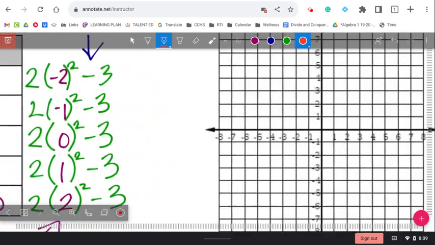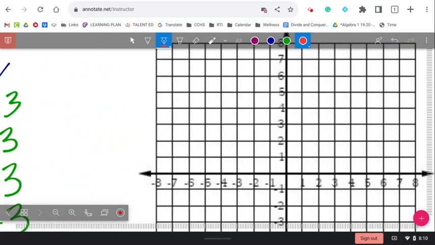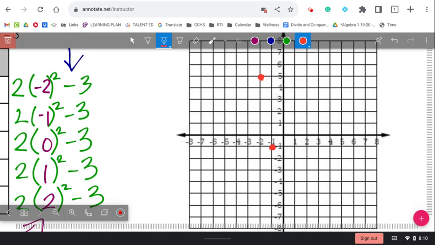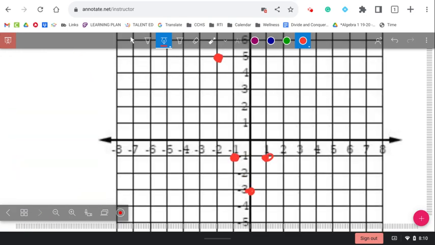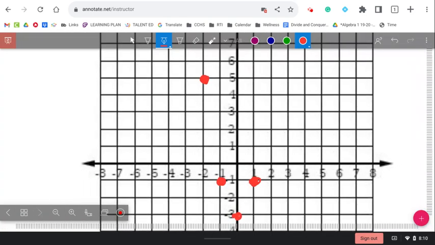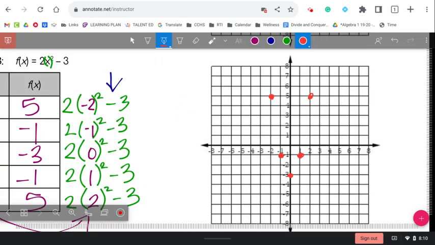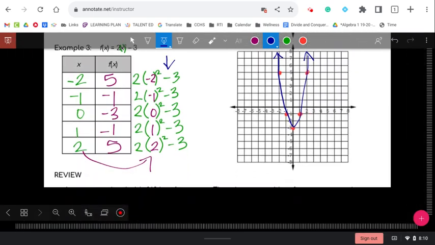Then we can plot those on the graph. -2, 5, -1, -1, 0, -3, 1, -1, and then 2, 5. Okay, this is clearly a quadratic because we have our U shape. So you're going to draw your points, and it's going to give you the U shape. If you do not get a straight line, an L shape, or a U shape, you did something wrong. So keep that in mind when working with these problems.